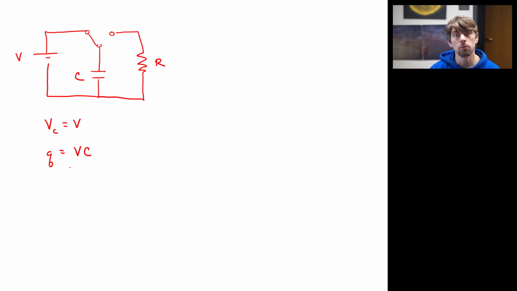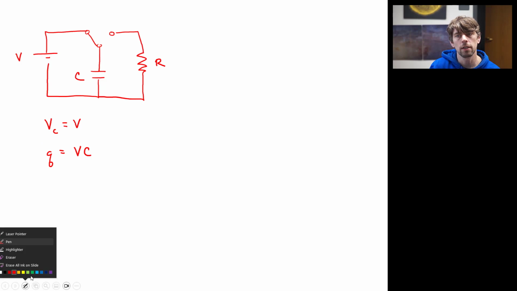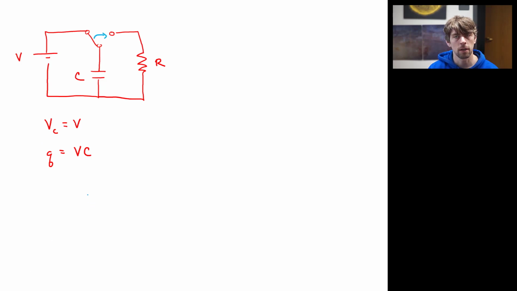Now, here's where we're going to go. Now that the capacitor is fully charged, we're going to take that switch and flip it to the other terminal. In other words, we are going to disconnect the battery from the circuit and connect the capacitor in series with the resistor.